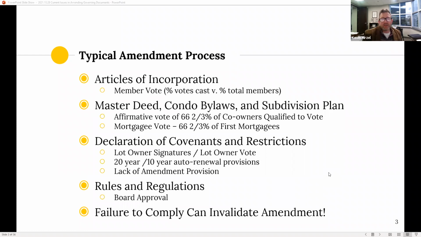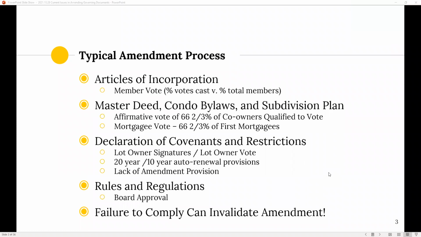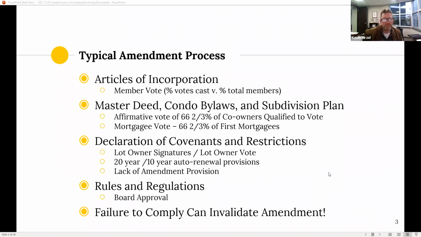The condo bylaws tend to be the area that are probably of most significance to the individual owners because condo bylaws deal with the relationship between the individual and the condominium. It's going to have restrictions. It's going to have assessment obligations.